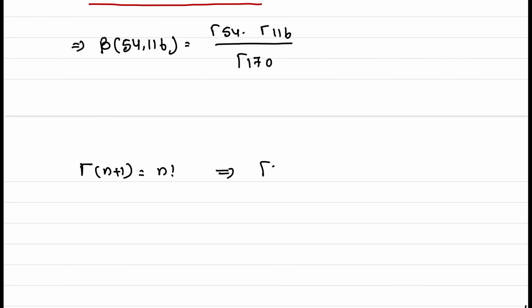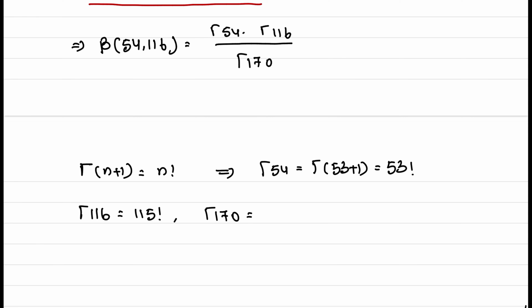That means gamma 54 is equal to gamma 53 plus 1, that is equal to 53 factorial. Gamma 116 is equal to 115 factorial. Gamma 170 is equal to 169 factorial.